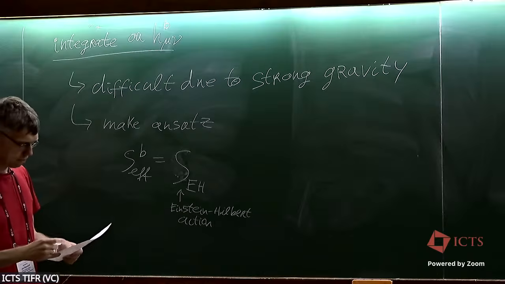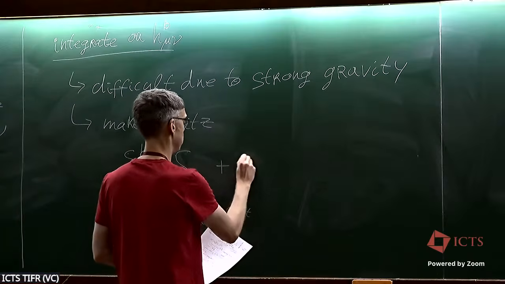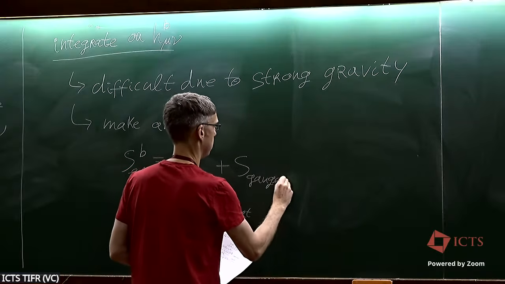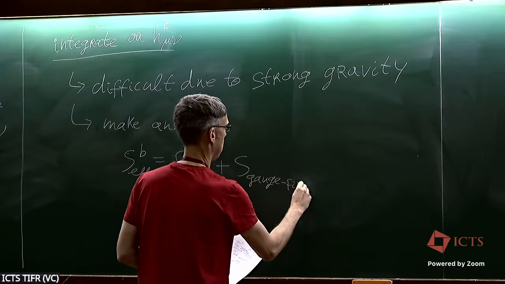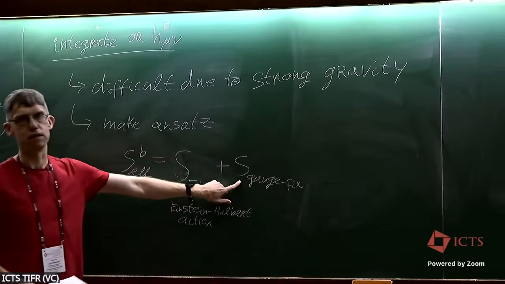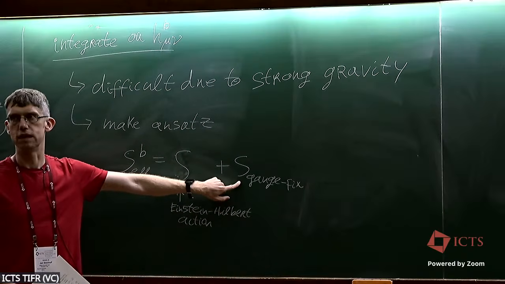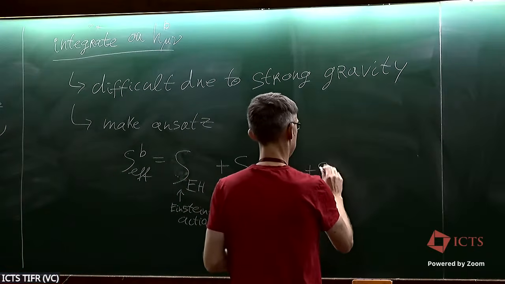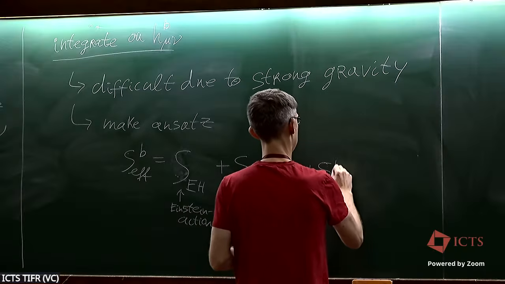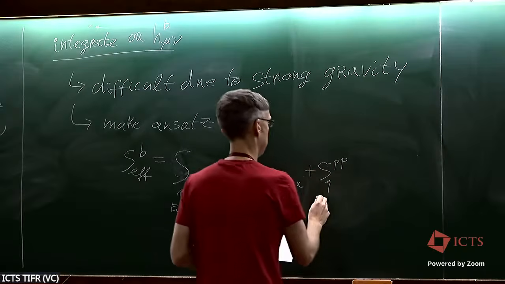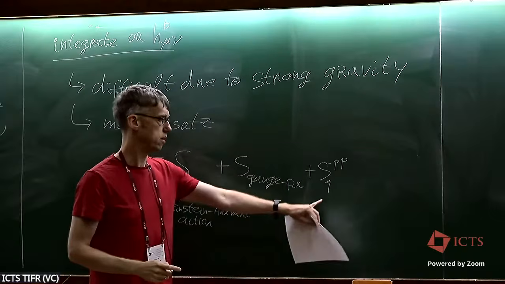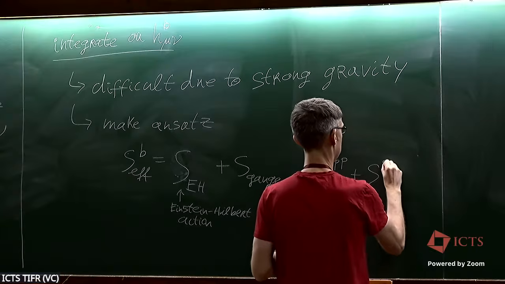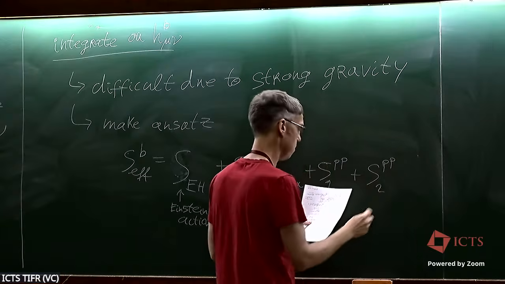Then we also need a gauge fixing term, otherwise, one cannot really do the path integral without the gauge fixing. And we have a point particle action for body 1 and a point particle action for body 2.